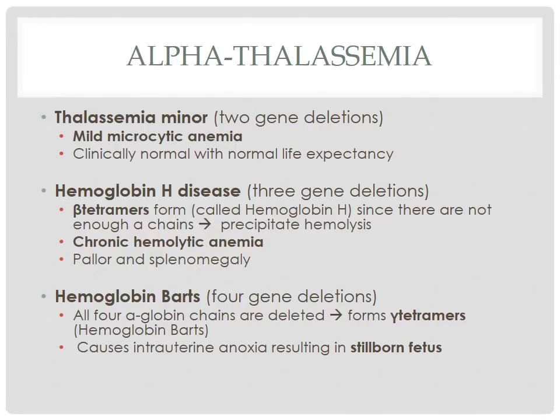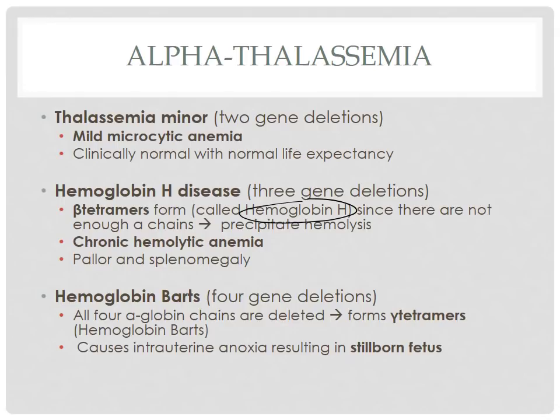If you have a patient who has hemoglobin H disease or 3 alpha chain deletions, the beta chains cannot pair with anything else except for an alpha or itself, a beta. So what ends up happening, because there are significant decreases in alpha, is there's beta tetramers, so 4 betas, that start chaining together. And these are called hemoglobin H.